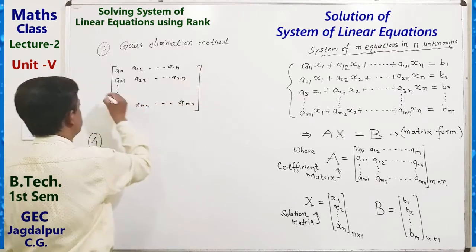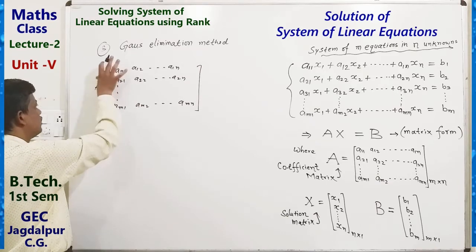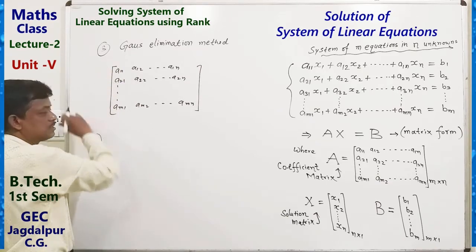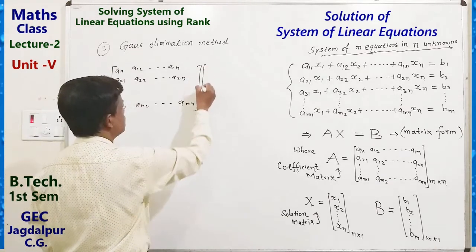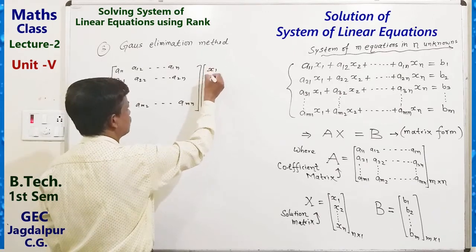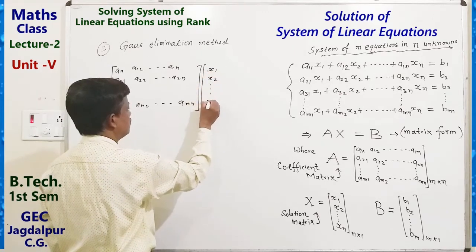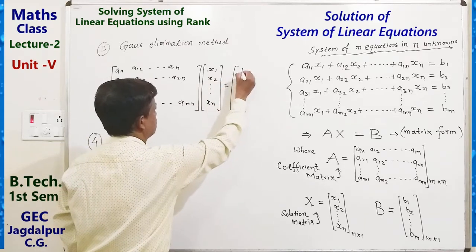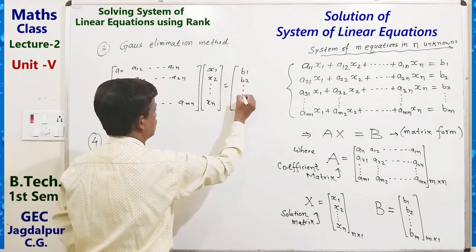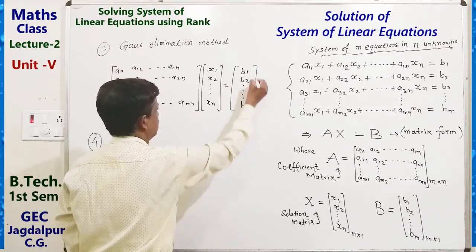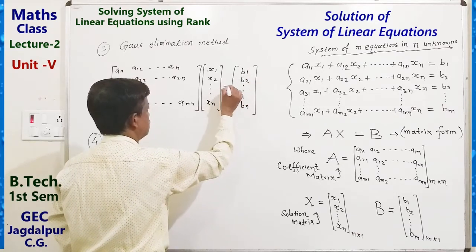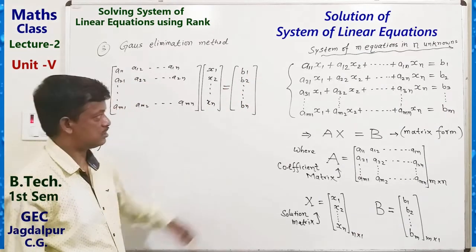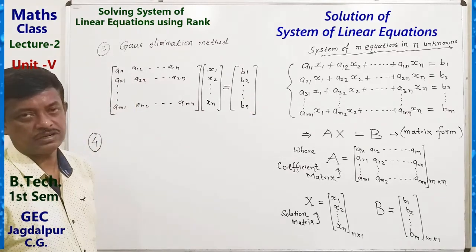This is the coefficient matrix A, and this is x1, x2 up to xn. It can be written like this: b1, b2 up to bn. This is in matrix notation.